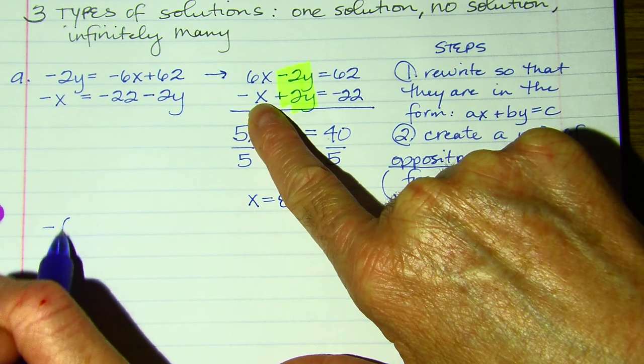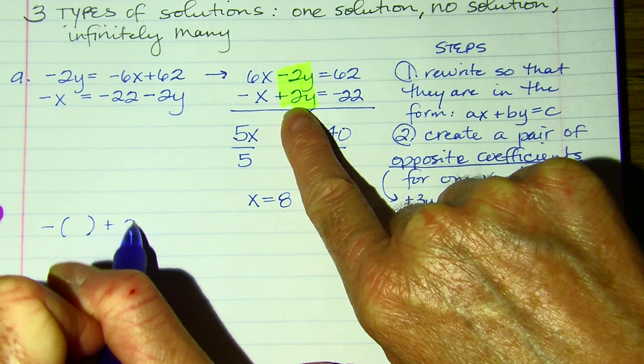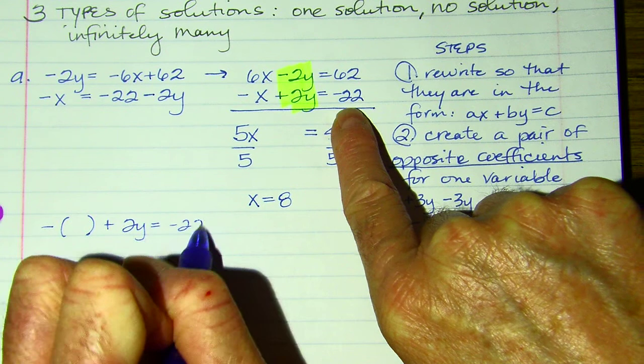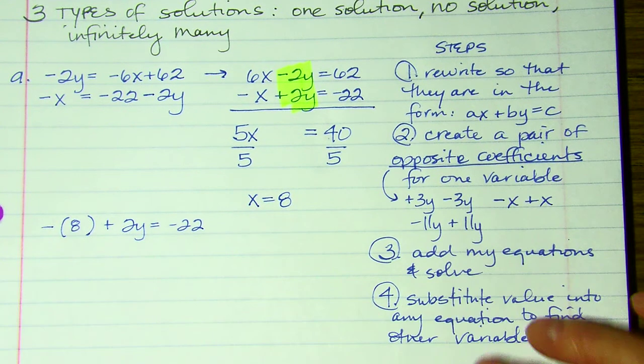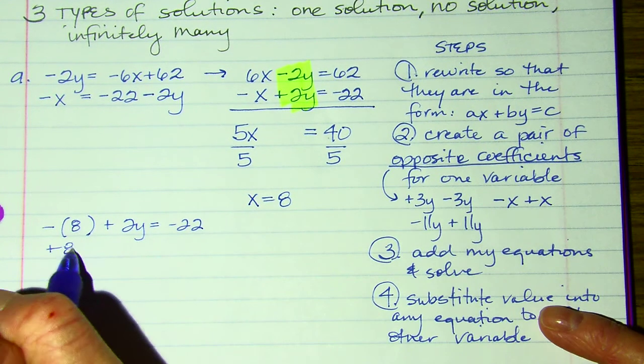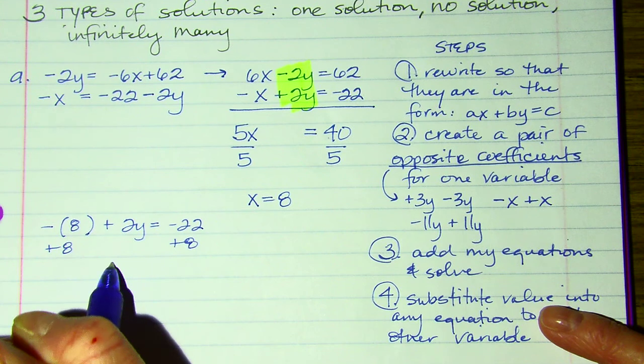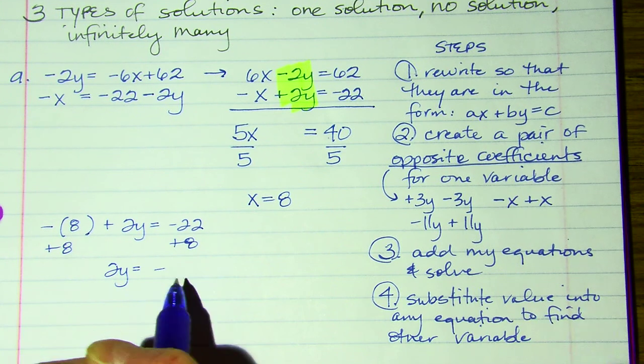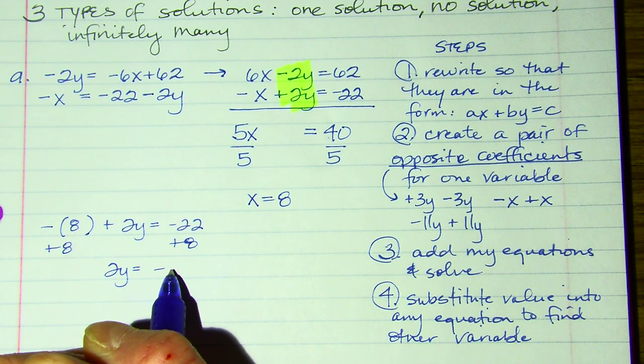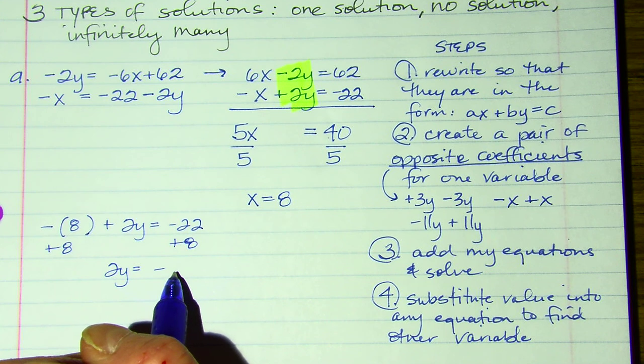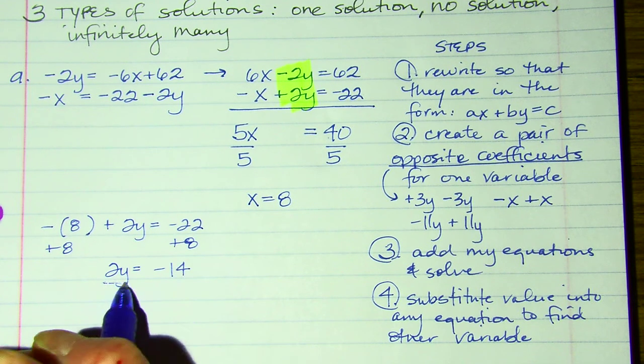So negative x plus 2y equals negative 22. I'm substituting 8. The opposite of negative 8 would be to add 8. So 2y equals negative, what is that, 14, right? Yeah. Divide by 2.